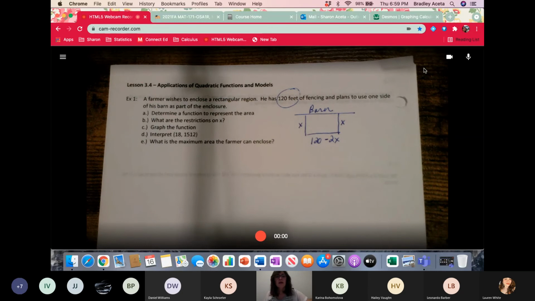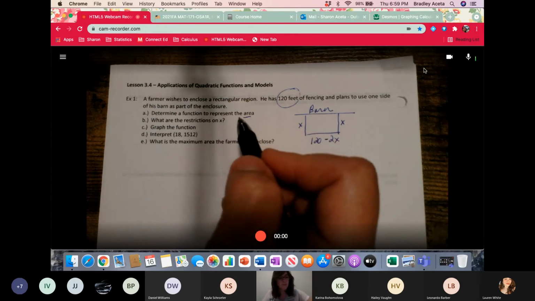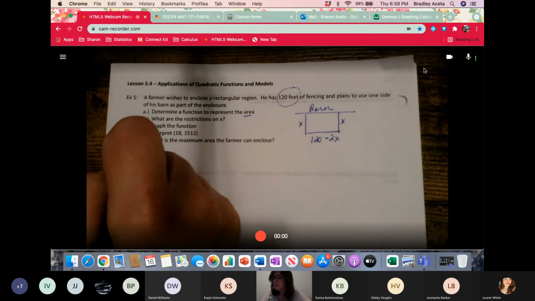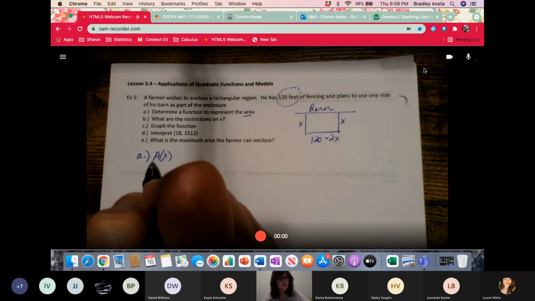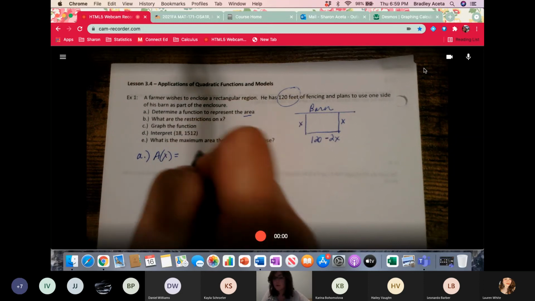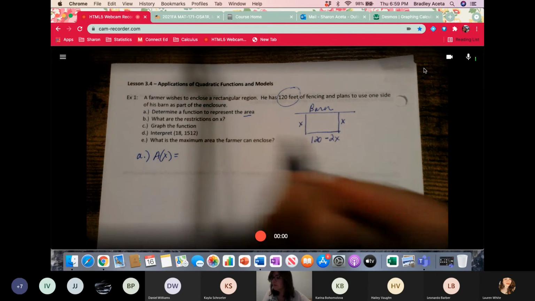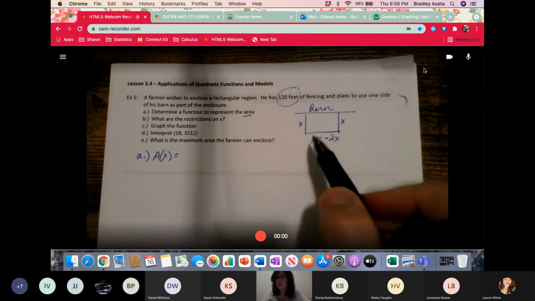Now, how do I determine a function to represent the area? Very easy. Area, if you remember, I'm going to call it A of x. A of x is equal to your length times width. Length times width.